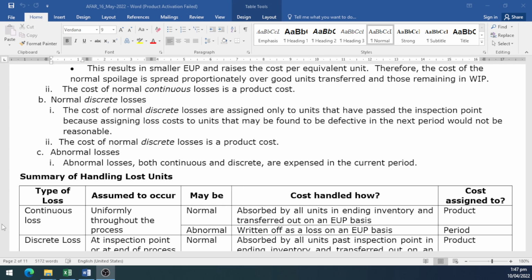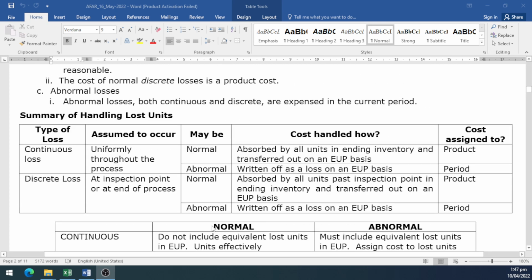Pag discrete loss naman na normal, detected at inspection point, computan mo ng EUP, depende doon sa inspection point. Ang absorbing units dyan, syempre, yung units that pass the inspection point.